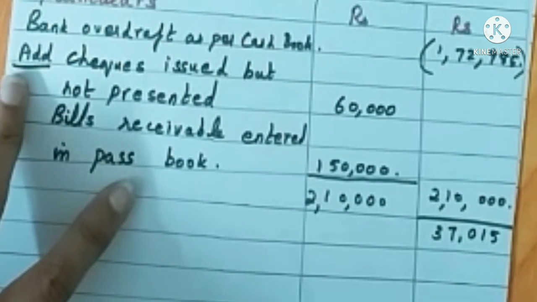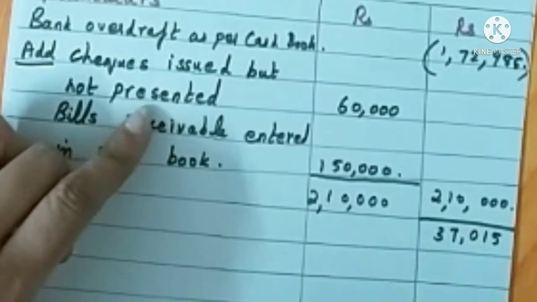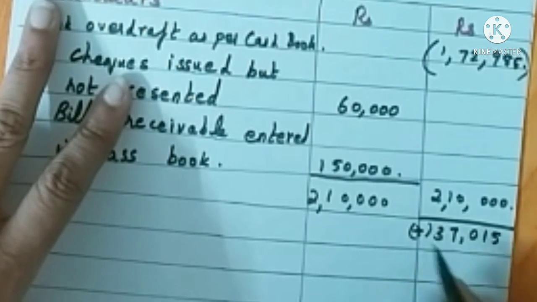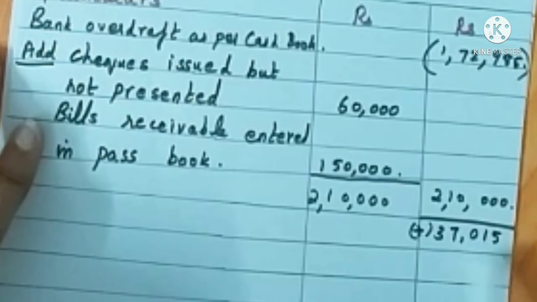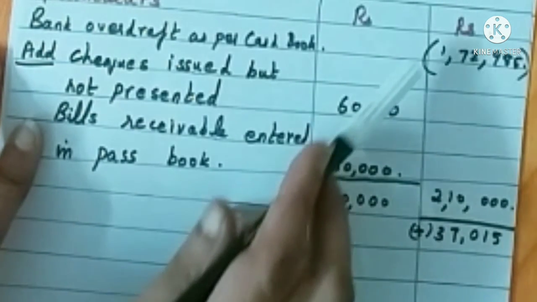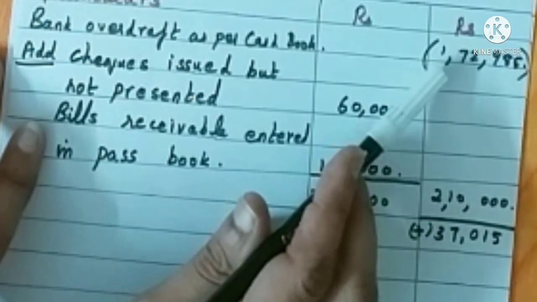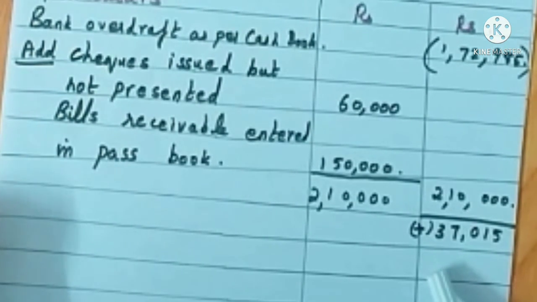So now you get rupees 37,015. This is now a favorable balance. 37,015 is the favorable balance. Okay. So if you deduct this unfavorable balance of rupees 1,72,985 from 2,10,000, you get 37,015.